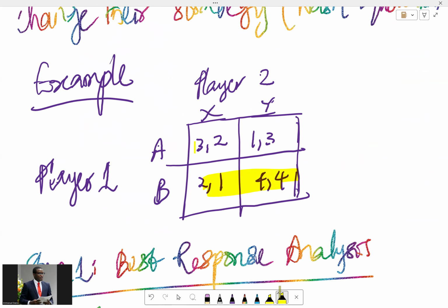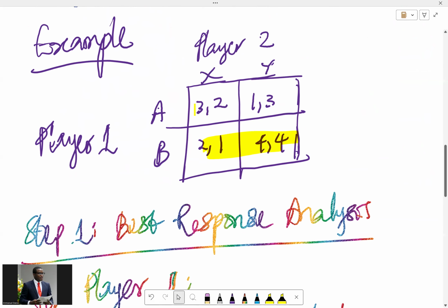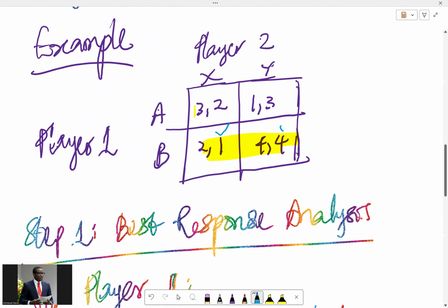So where we are at, it means that player two would get one for X and four for Y.